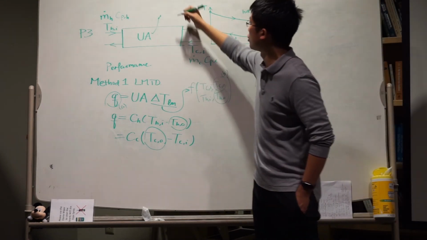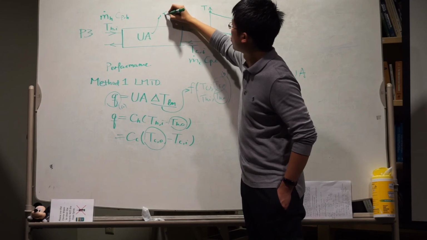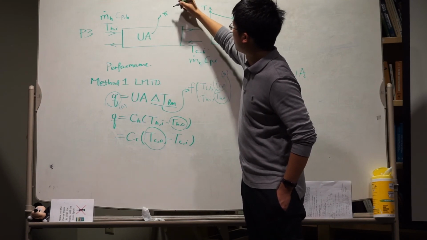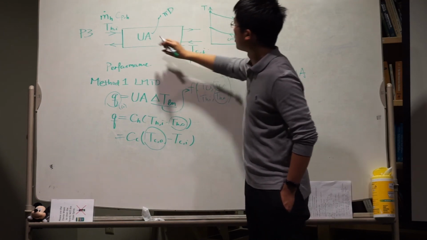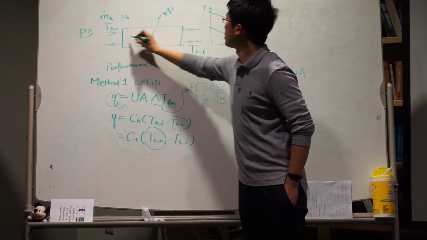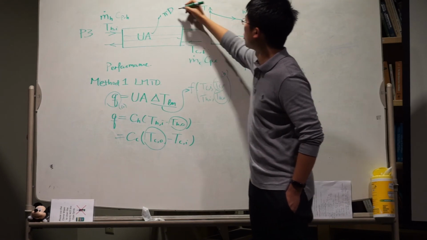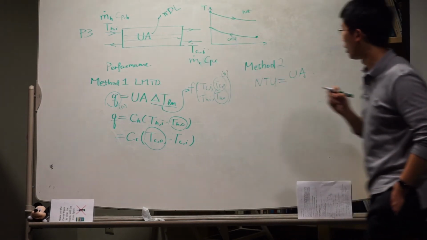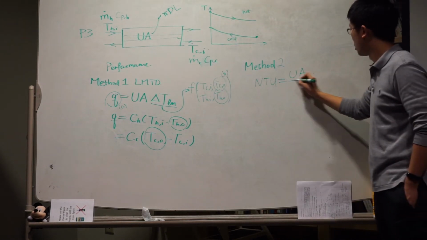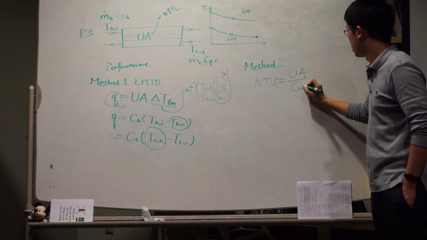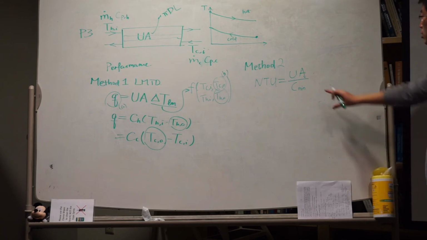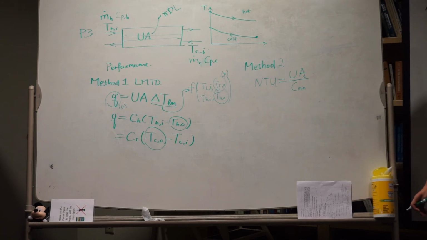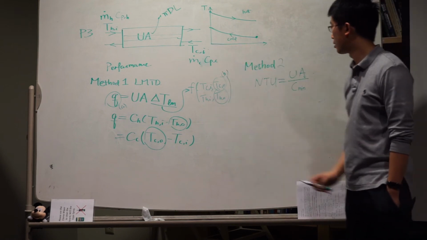In the case of a concentric tube, the actual transfer surface area will be pi D, where D is the inside diameter of the tube, times the length of this heat exchanger, divided by the heat capacity rate on the side where the absolute number is smaller. First get NTU because we know the design.